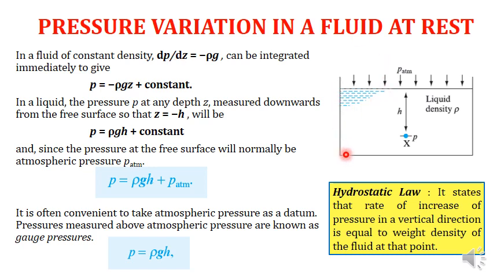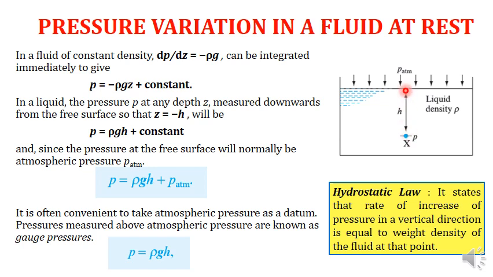Suppose a certain container holds fluid at rest at atmospheric pressure, having a certain density rho. If we take any point in the fluid at which we want to determine the pressure, then that point must have a certain height below the datum, or below the top surface.